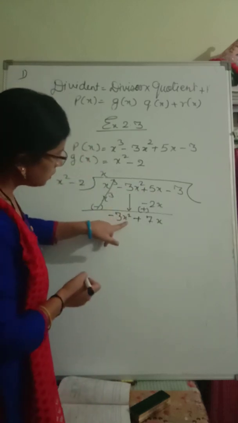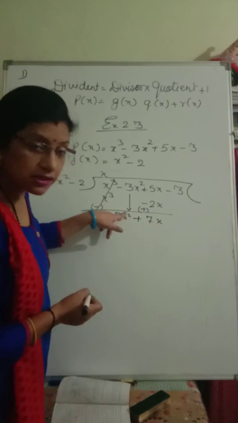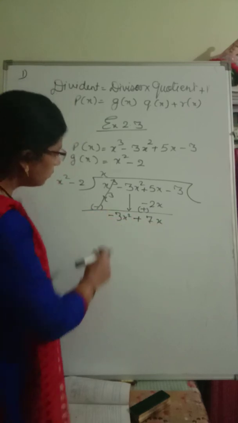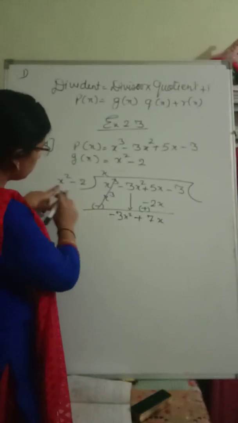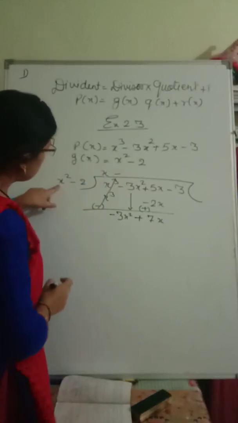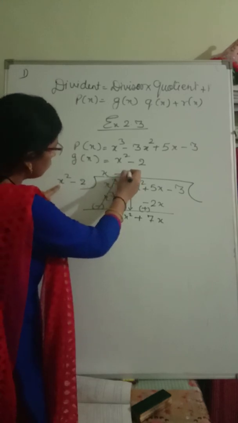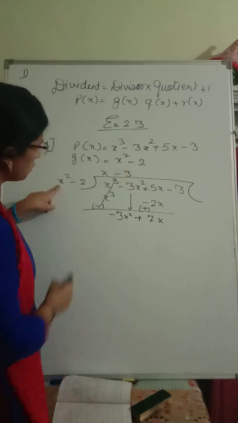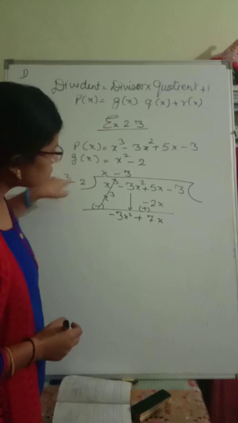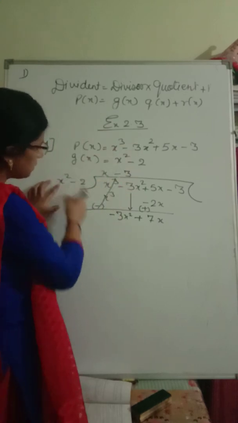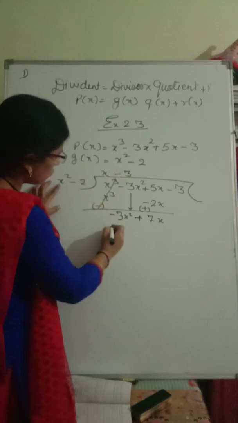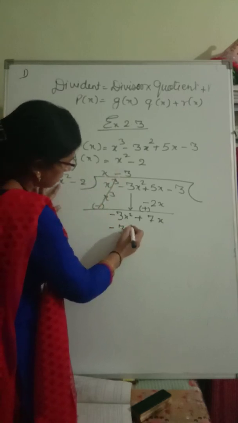Now we want the term with the greater degree. We want minus 3x square. We have to see minus 3, and x square we want, but here is already x square, so we don't need any other number. So multiply minus 3 into x square, minus 3x square.